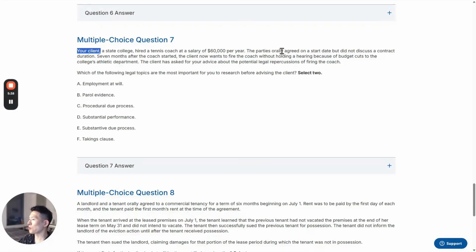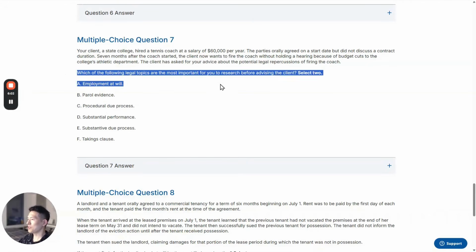Our client, State College, hired a tennis coach at a salary of $60K per year. The parties orally agreed on a start date but did not discuss a contract duration. Seven months after the coach started, the college now wants to fire the coach without holding a hearing because of budget cuts to the college's athletic department. The college has asked us for advice about the potential legal repercussions of firing the coach.